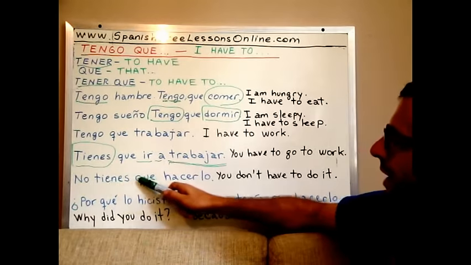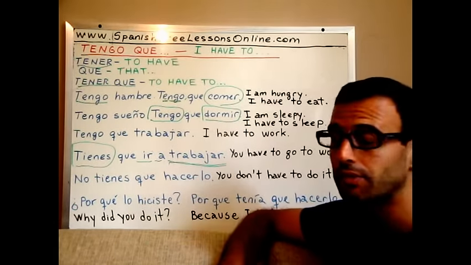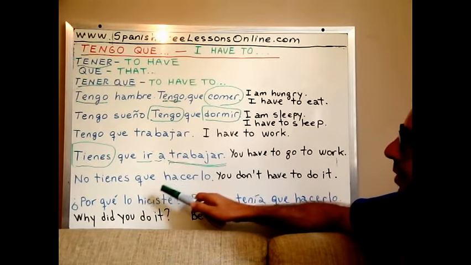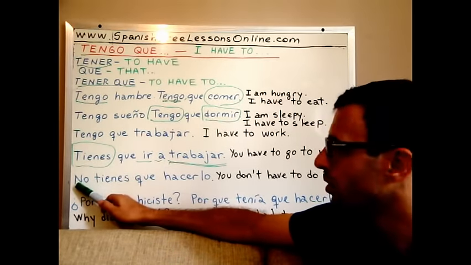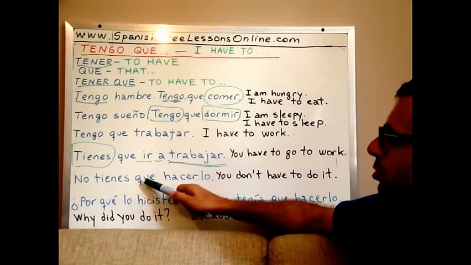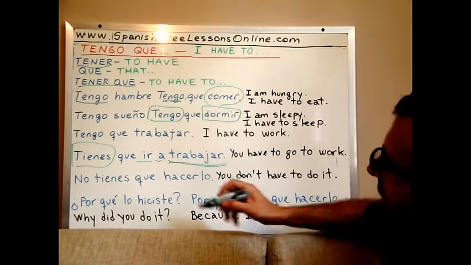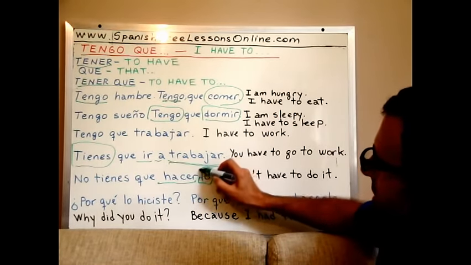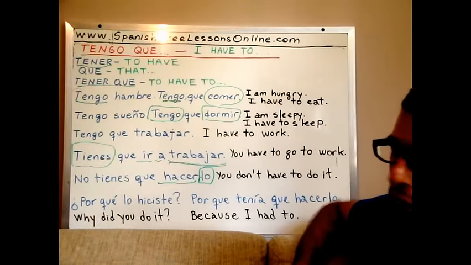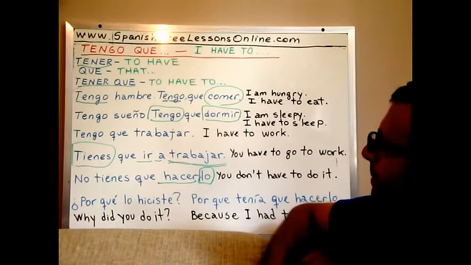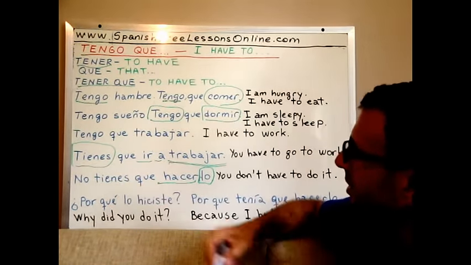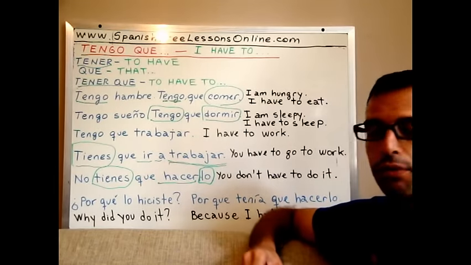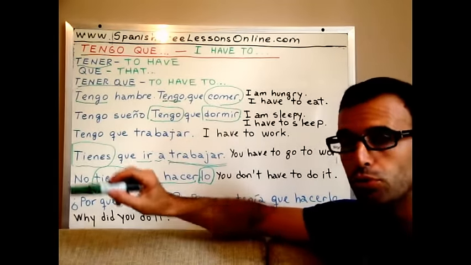No tienes que hacerlo. Here we have a negative sentence. No tienes que hacerlo means you don't have to do it, right? This would be do in infinitive, and this would be the it, right? Hacerlo, do it, right? So again, here the verb tener is conjugated in present tense for the second person of the singular, for you, tú.